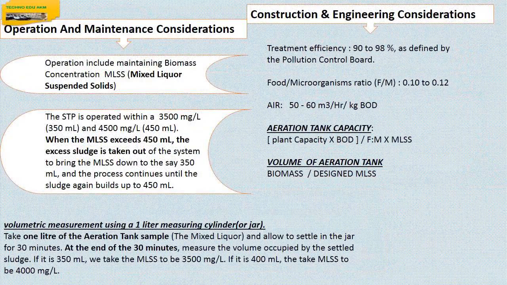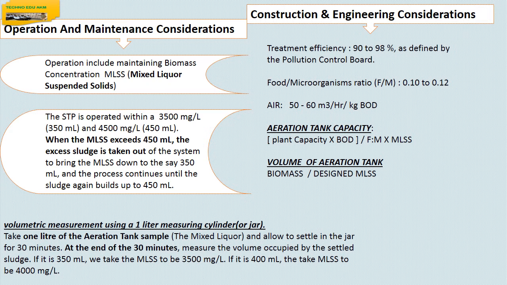Operation and maintenance considerations include maintaining biomass concentration, that is MLSS, full form mixed liquor suspended solids. The STP is operated within 3500 milligram per liter, or 350 ml, and 4500 milligram per liter, or 450 ml.